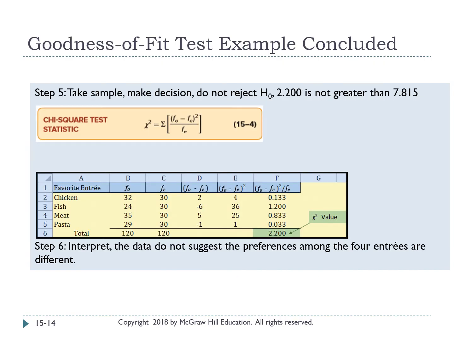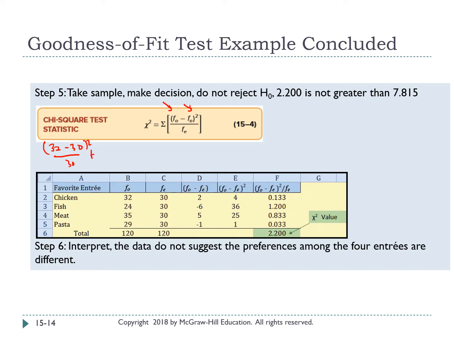The formula to compute our chi-square is the summation of observed frequency minus expected frequency, squared, over expected frequency. So let's try to apply our formula. The first observation, we have 32 minus 30, and then squared over 30.